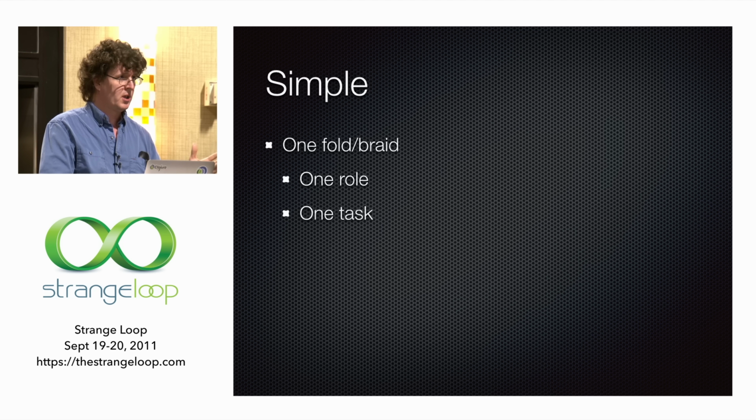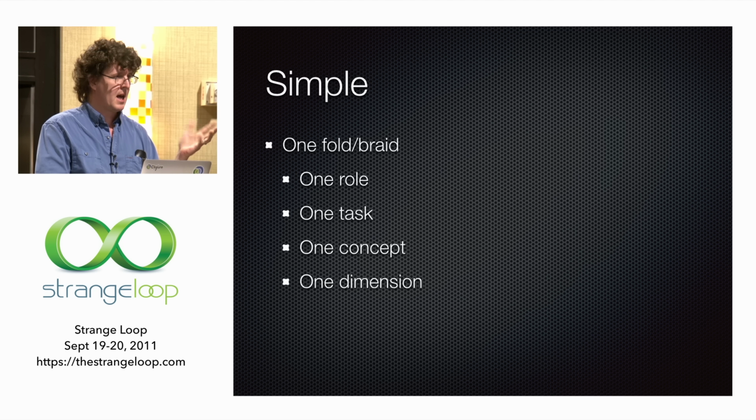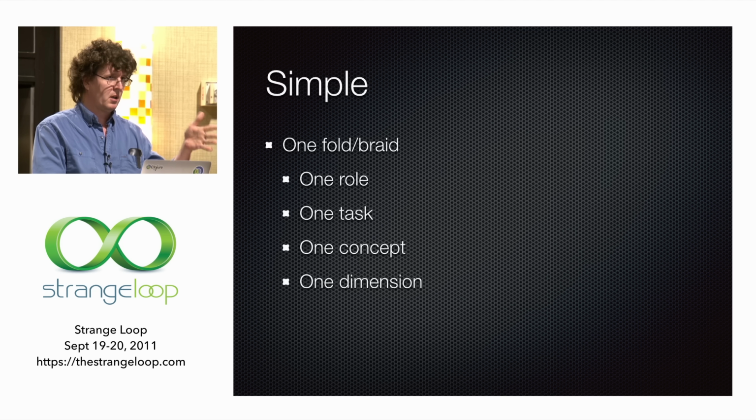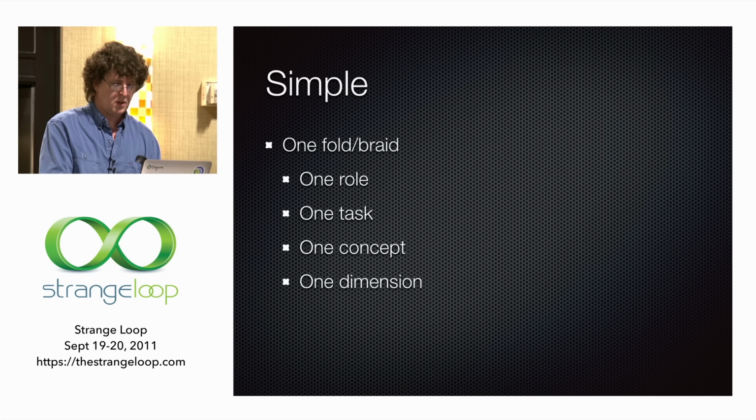They're about accomplishing one objective. They might be about one concept, like security. And overlapping with that, they may be about a particular dimension of the problem that you're trying to solve. The critical thing there, though, is that when you're looking for something that's simple, you want to see it have focus in these areas. You don't want to see it combining things.